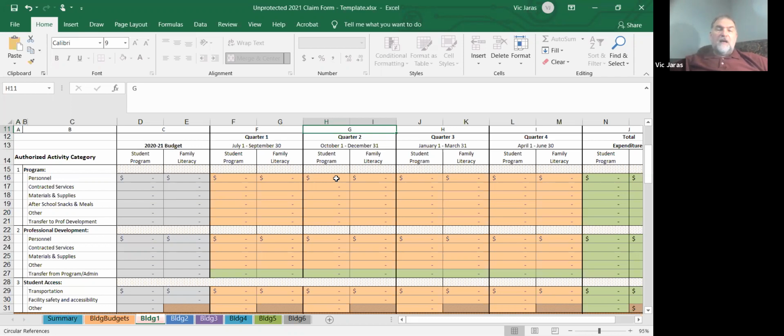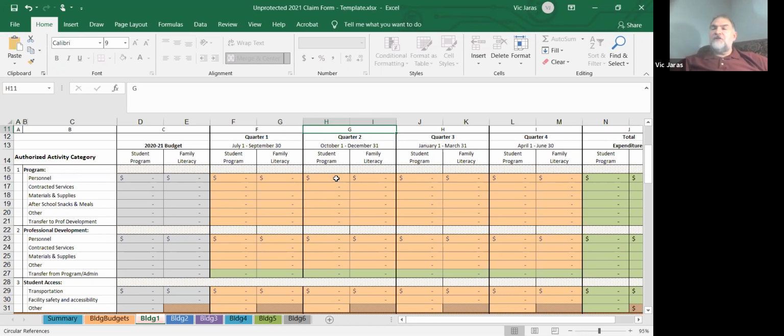And like I said, we have an online system called CASA that your finance person is going to go into and upload the documents. In addition to the spreadsheet, the finance person is going to put in what they call a general ledger.